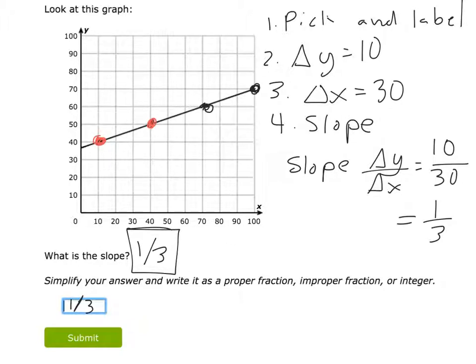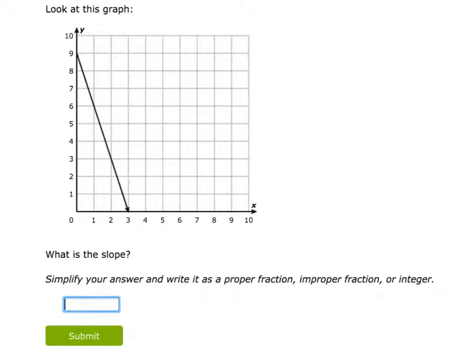Alright, and last one for today, which is a negative. Okay, so negative here, we need to go ahead and find our points. Which reminds me, that's going to be number 1, pick and label. Pick and label.